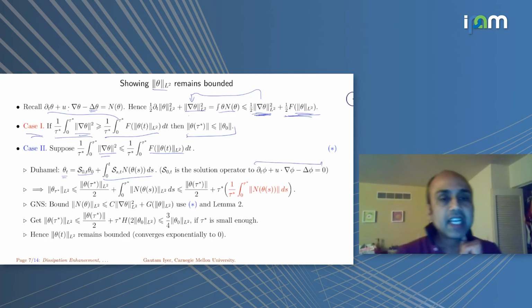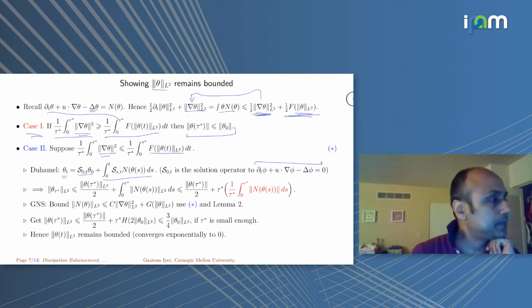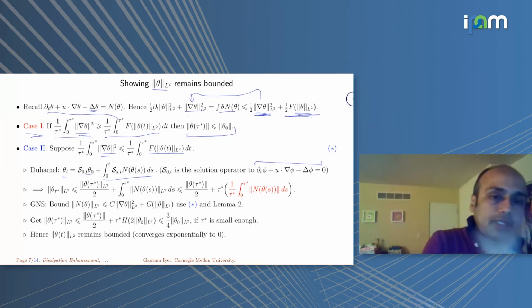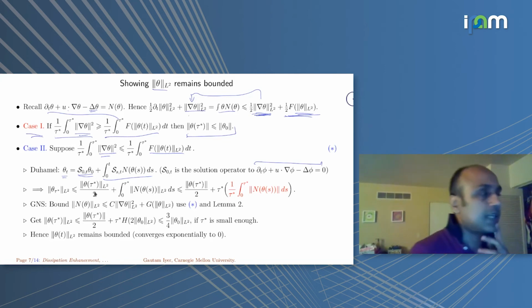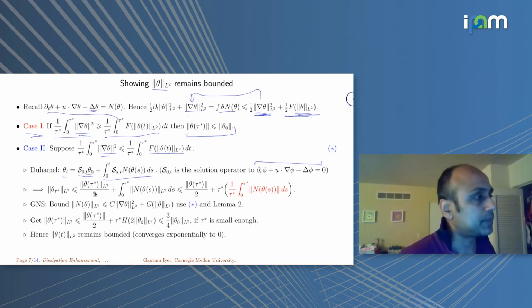Now let's take the L2 norm on both sides. And here's the point, this is basically the one idea. If I take the L2 norm on both sides, what happens? The first term, if I go up to the dissipation time tau star, gives me a half, because that's the definition of dissipation time. In time tau star, I've lost half my energy.